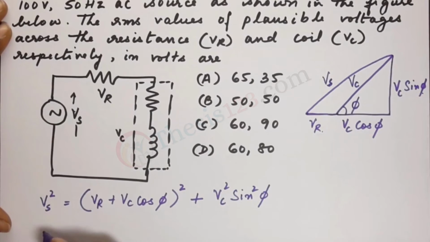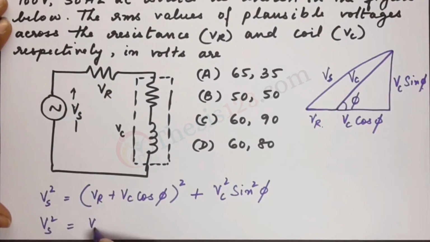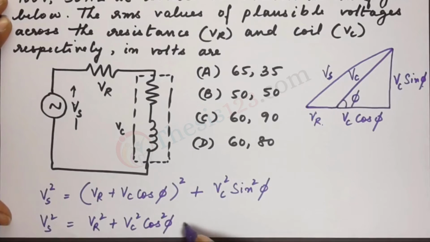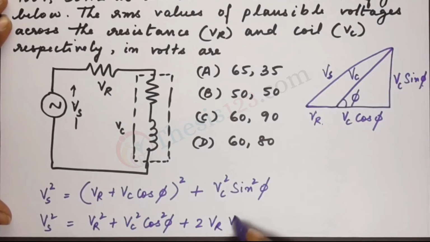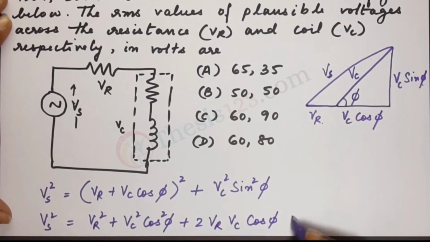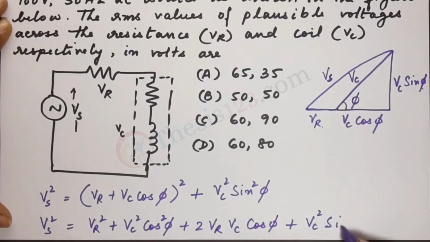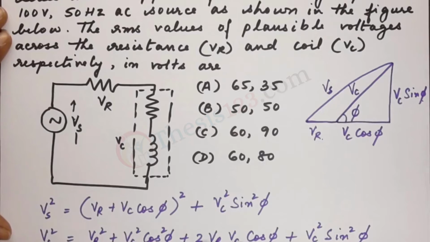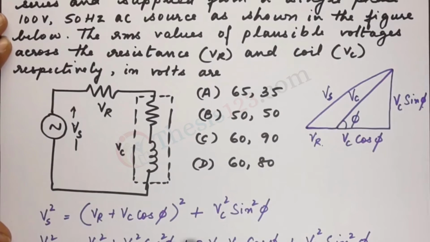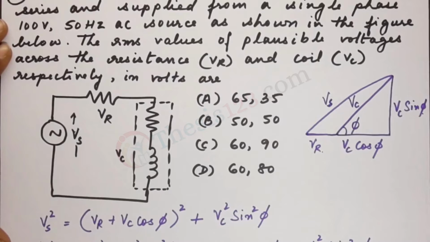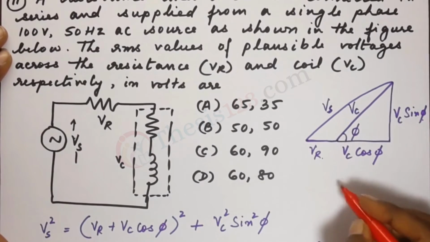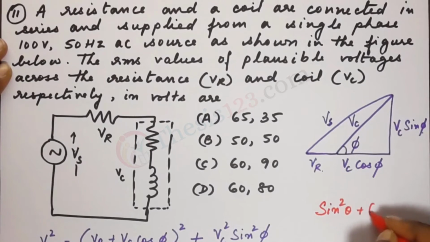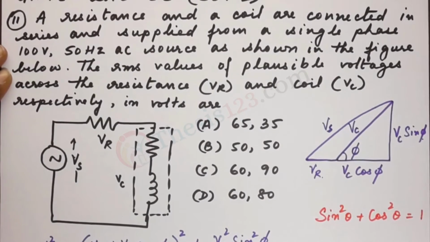If we expand this, we get VR square plus VC square cos square phi plus 2 VR VC cos phi plus VC square sin square phi. Now this term VC square cos square phi and VC square sin square phi becomes 1, since we know the relation that sin square theta plus cos square theta is equal to 1.